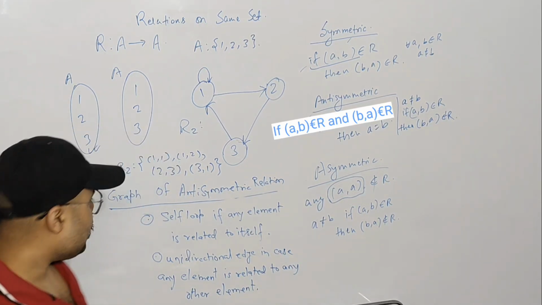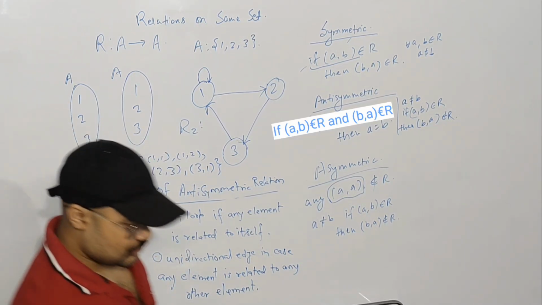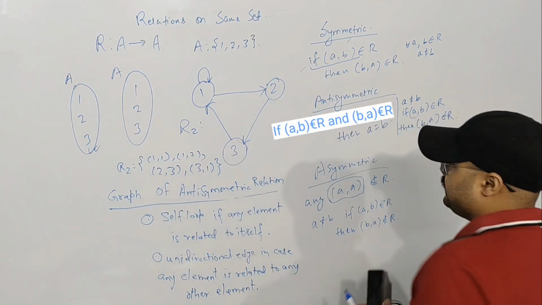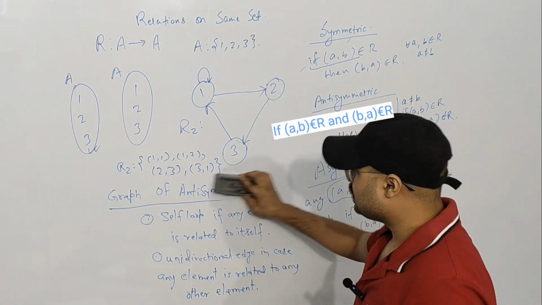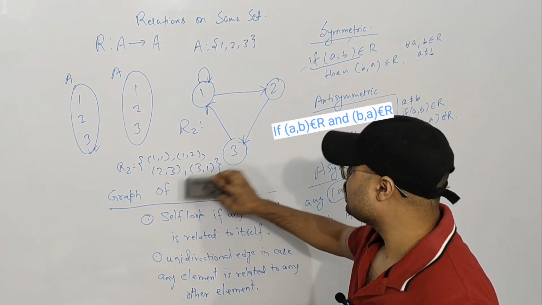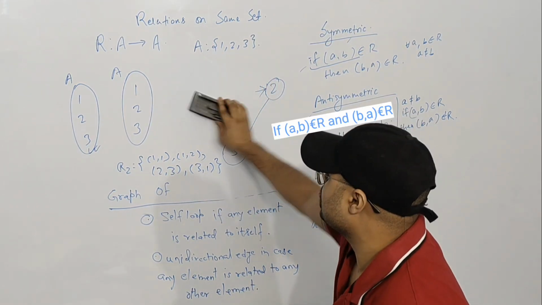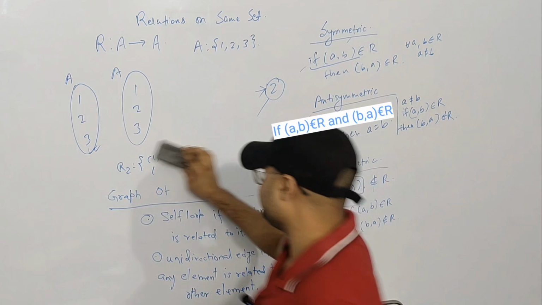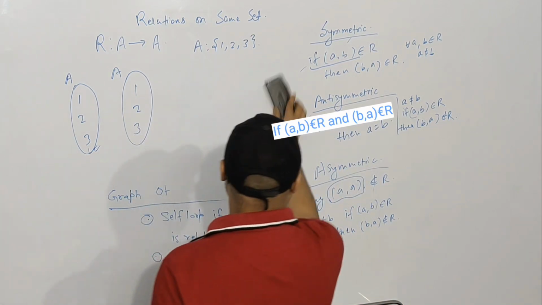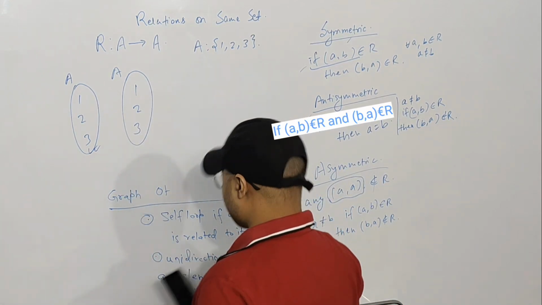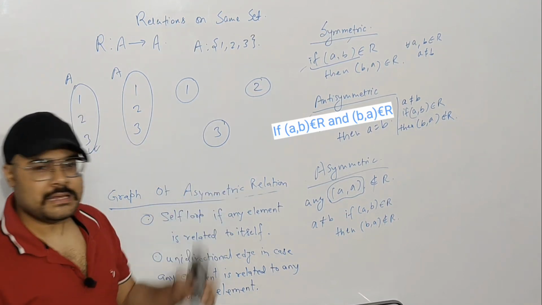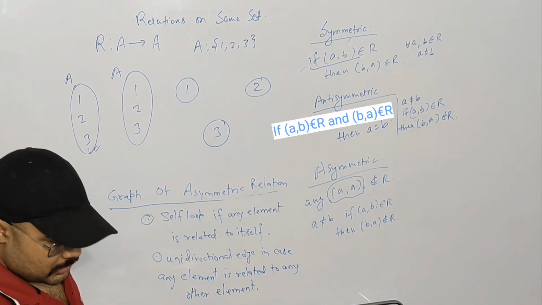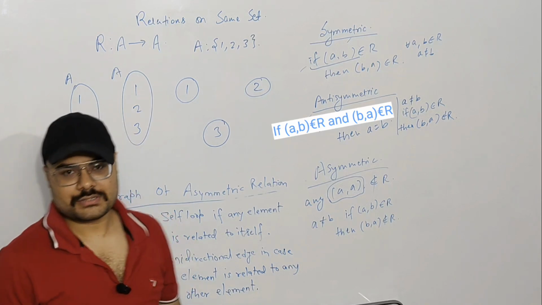Now let's look at asymmetric relation. In an asymmetric relation, there cannot be any element that is related to itself.